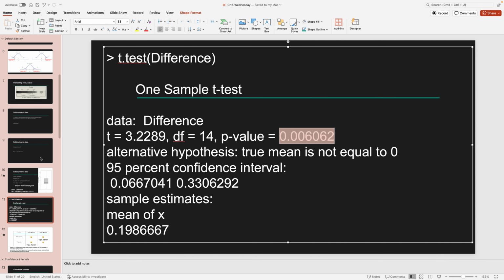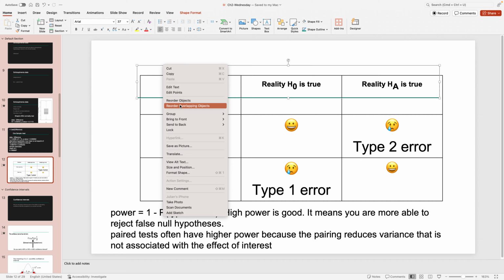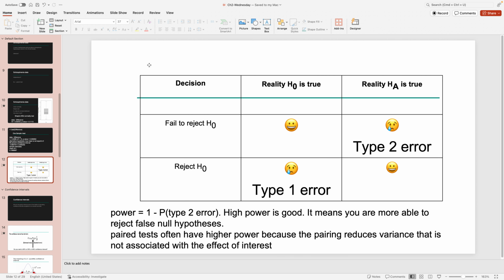So something that we discussed last time in detail was in hypothesis testing, we have all these different outcomes here.